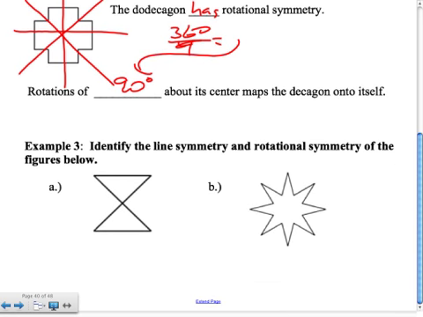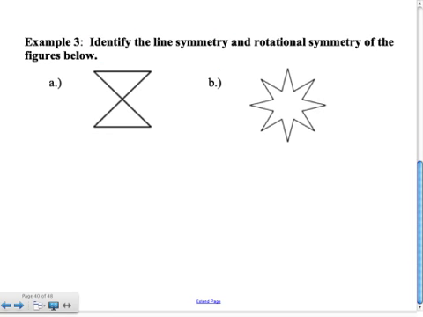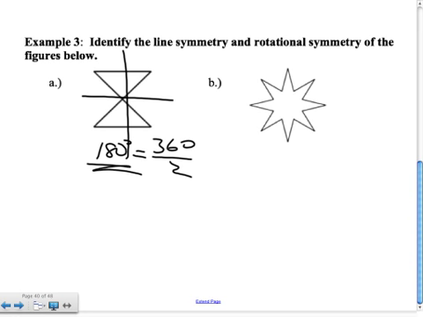And then finally the last 2 examples. I'm hoping that this is coming pretty easy to you, and you might want to pause the video and work through these on your own. This first one has 1, 2 lines of symmetry, so we have 360 divided by 2. So this thing does have rotational symmetry of 180 degrees. The last one looks a little more interesting.